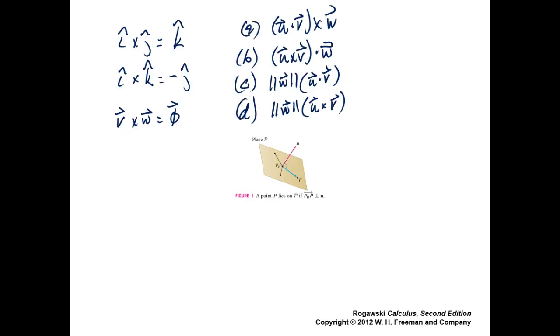Meaningful or not meaningful? Say to me. What is U dot V? What kind of a quantity? It's a scalar? Can you cross a scalar with a vector? No, not meaningful. Okay, can't cross. You've got to cross vectors. You can't cross a scalar with a vector, and that's the scalar. How about this? B. Meaningful or not? Yeah, because this will produce a vector, and you can dot a vector with a vector.